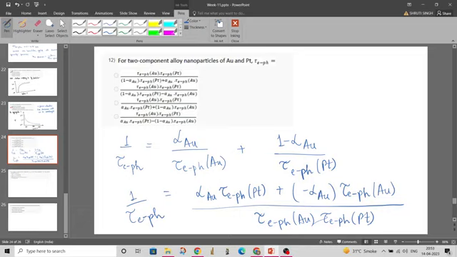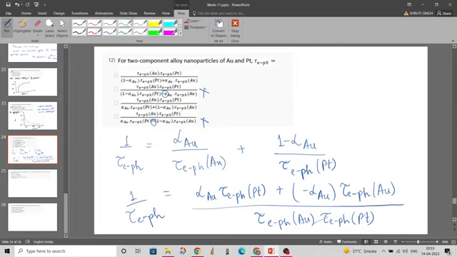relaxation time. So on taking the inverse, this term will go up and this term will go down. So I think the options are: tau EPH of Au and platinum should be in the numerator. Okay, for all of them it's in the numerator. Let's check the denominator. There should be a plus sign in between, so we can cancel out these. It has a negative sign, so these two are wrong.